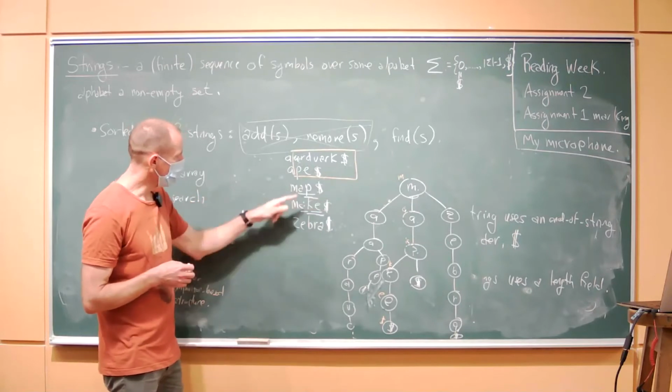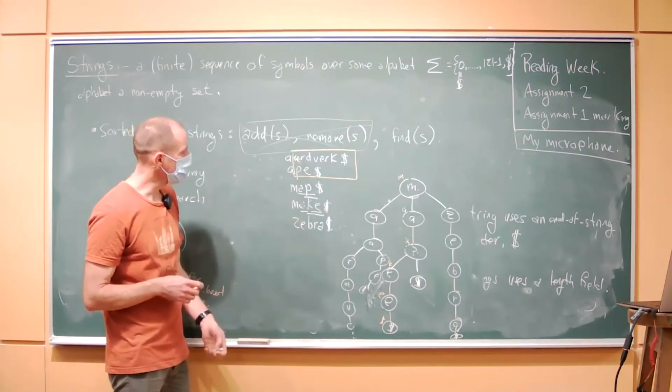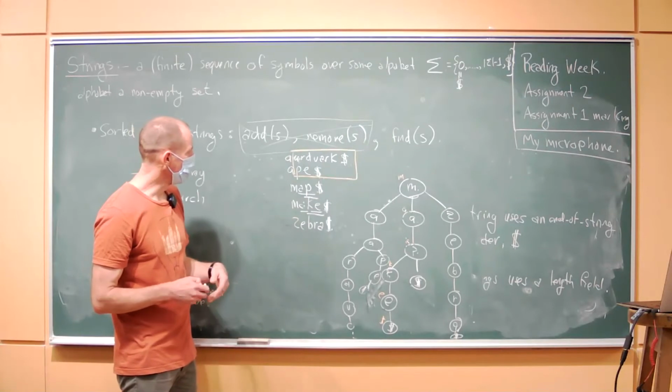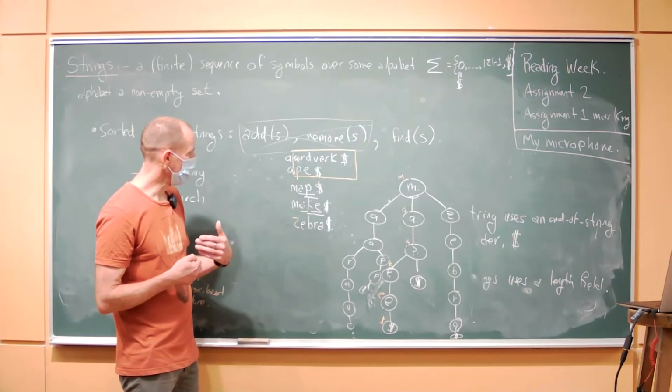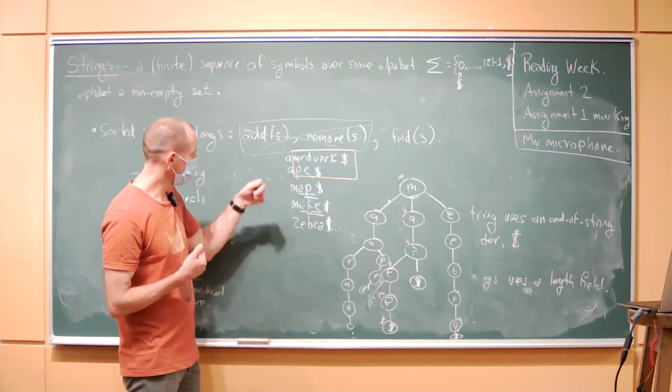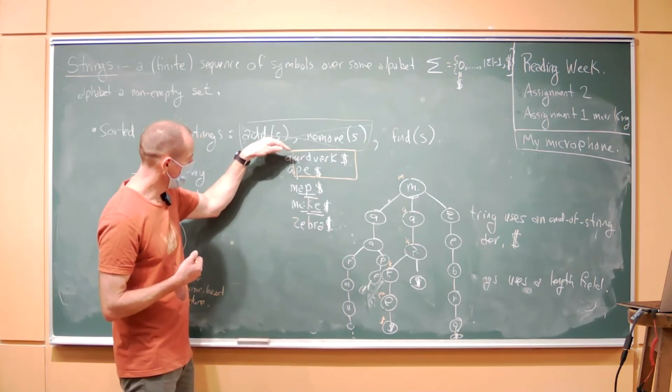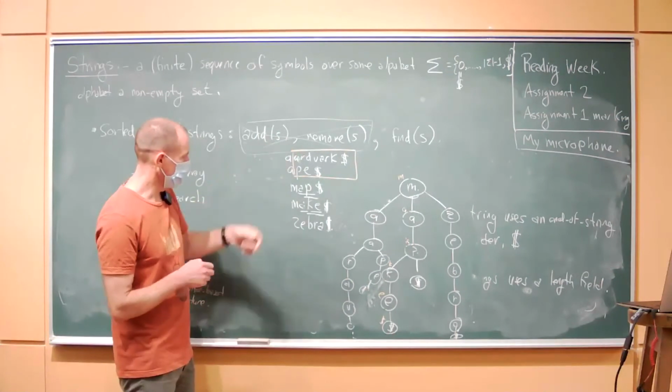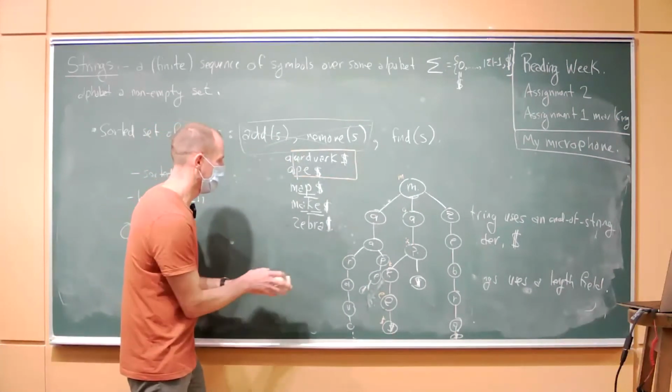So we have to pick one of those two strings to be the root of our tree. This is a bad picture.